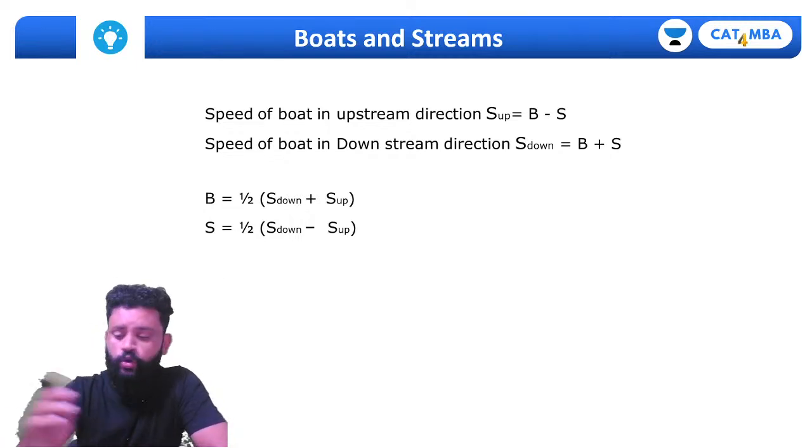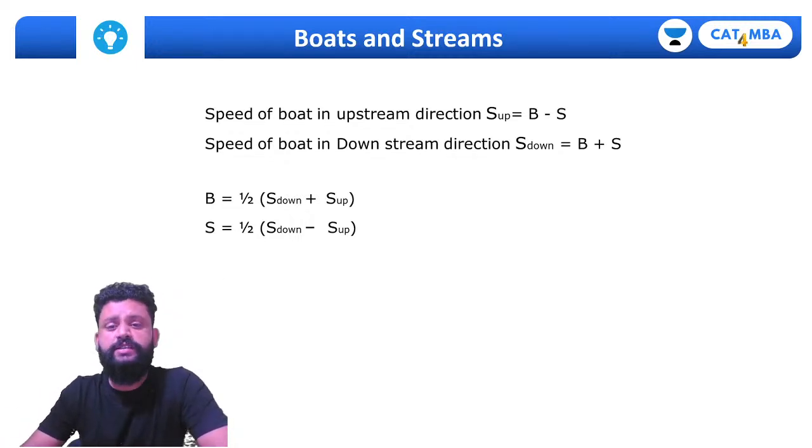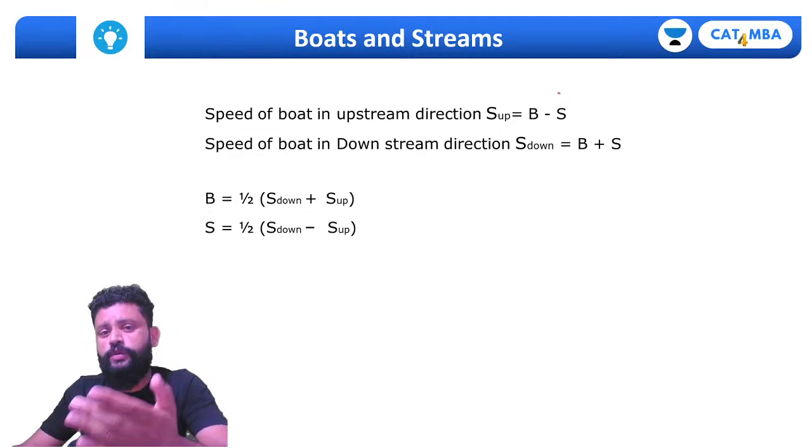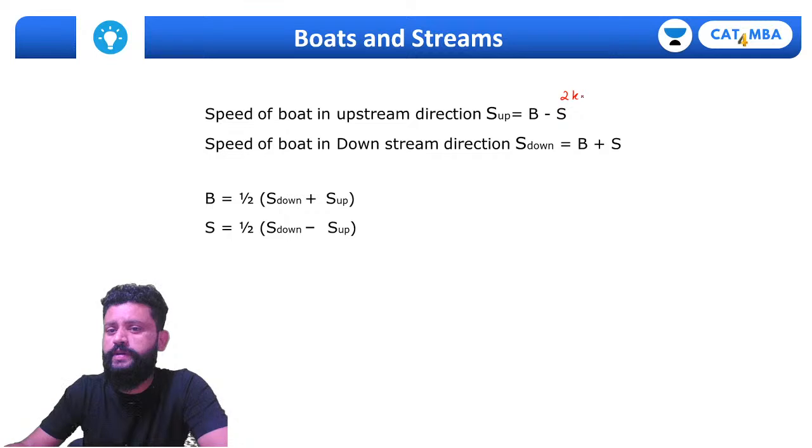Okay, so let's say a person is rowing in a river and the speed of the stream or flow of the water is 2 km/h and the person's speed is 10 km/h.